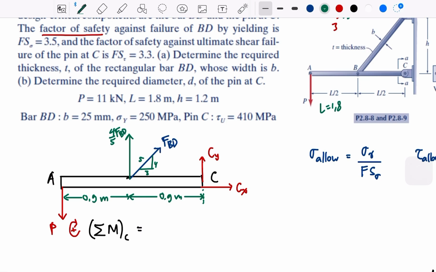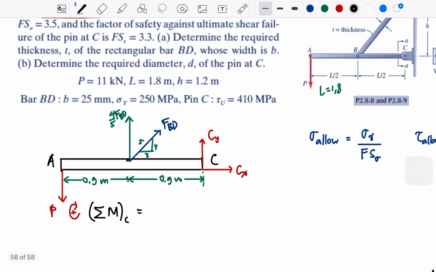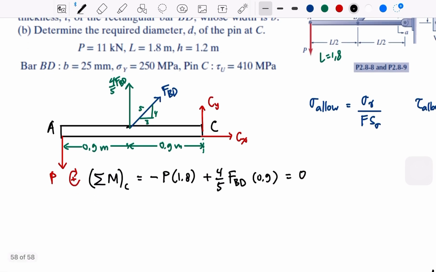Let me write 4 over 5 FBD. So negative P times 1.8 plus 4 over 5 FBD times 0.9, and this is equal to 0.